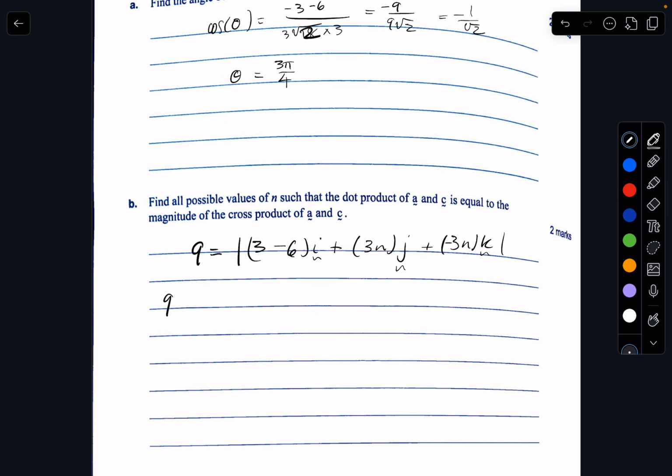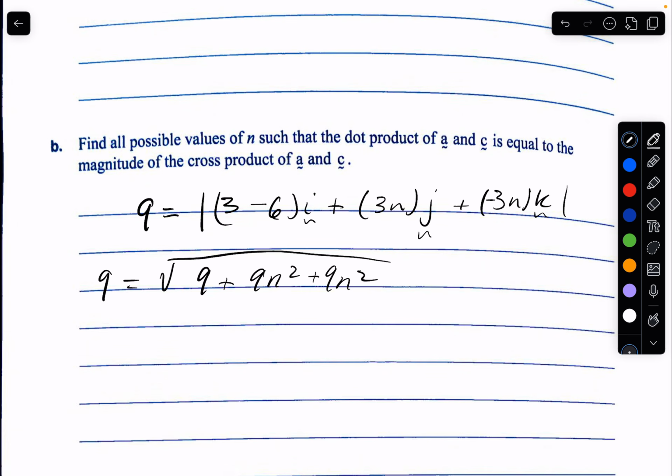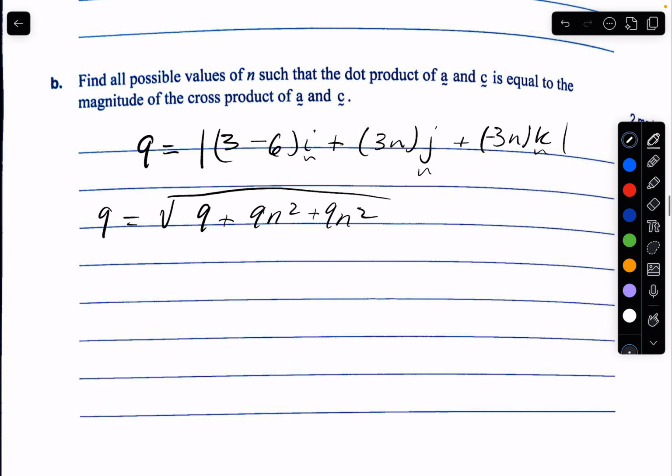Okay, so 9 is equal to the square root of negative 3 squared is 9 plus 9n squared plus 9n squared. So what we can do is take 9 out of these. 9 as a 3. So that would be 3 is equal to the square root of 1 plus 2n squared.